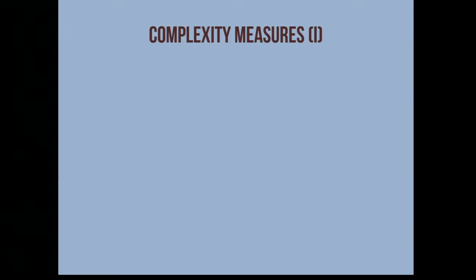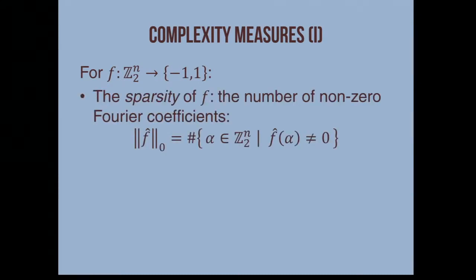So let's start with complexity measures. There are many things you can define here. I'm going to concentrate on two. The first is the sparsity. That's closely related to the open problem John asked yesterday. Sparsity, with this notation, is just the number of non-zero Fourier coefficients, just the cardinality of this set.